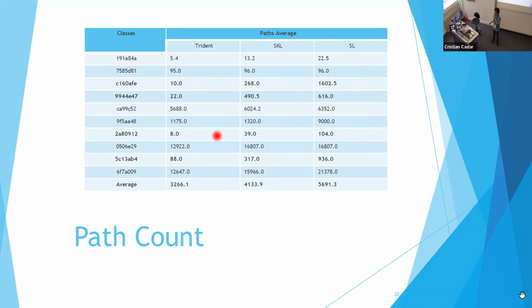One interesting thing is that the bolded commits denote the cases where Trident could generate a patch and SL couldn't generate a patch. We can see that in these cases, the path count is extremely low for Trident when compared with the other tools. And with this, we can say that path explosion is a serious issue in program repair.